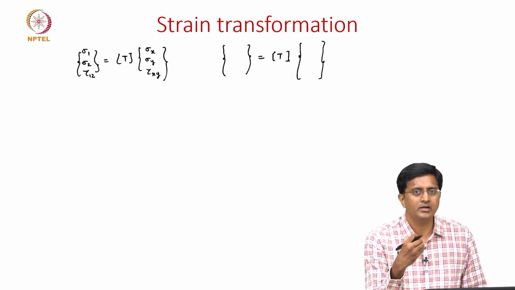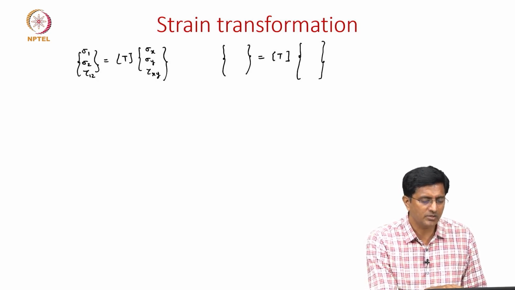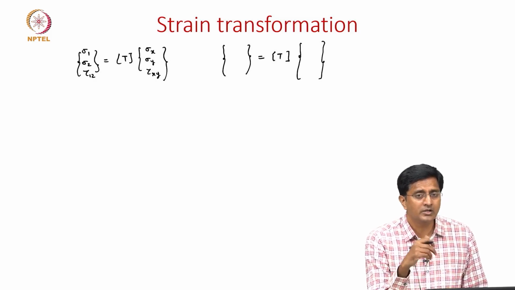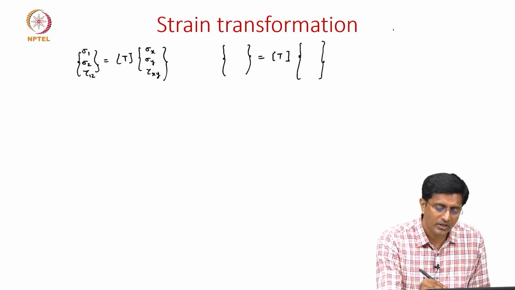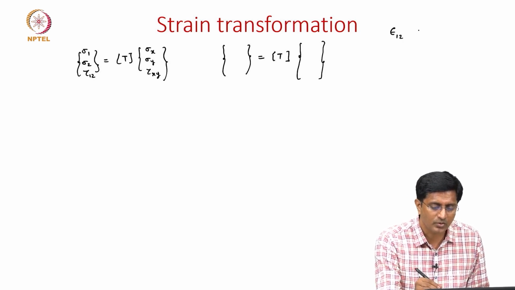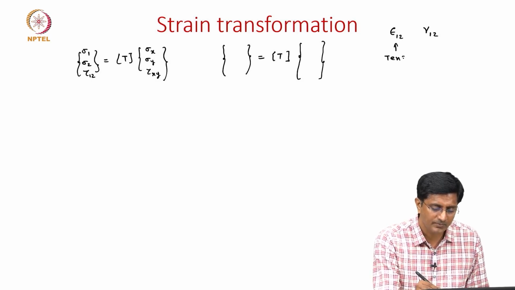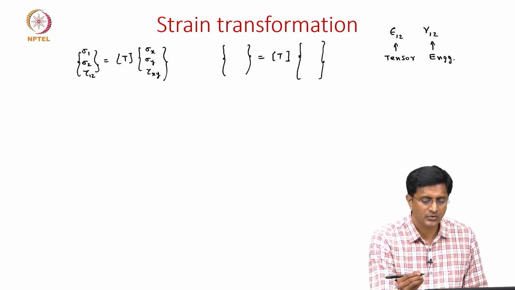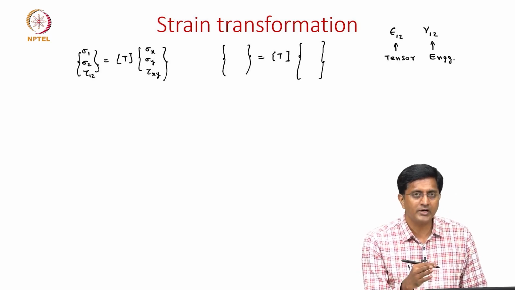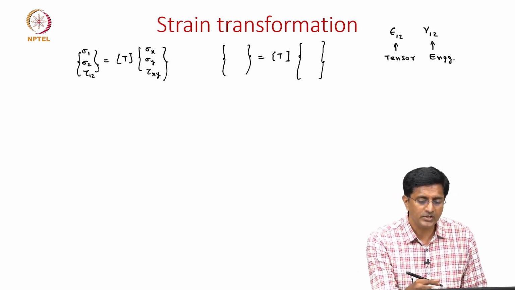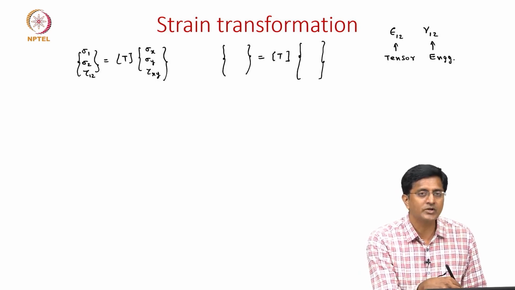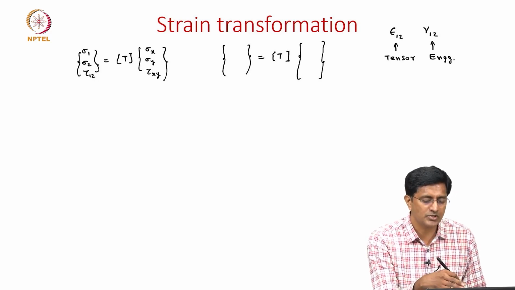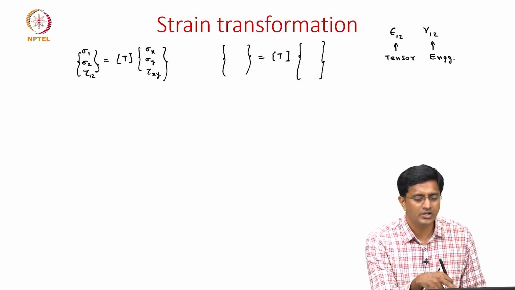So, when we define strains as tensors, we can still use the same transformation matrix, but you might recall that we had made a distinction between epsilon 12 and gamma 12, where we said epsilon 12 is the tensor strain and gamma 12 is the engineering strain. So, the point we are trying to see here is we cannot use the engineering strains and expect to use the same transformation matrix T. Since we want to use this transformation matrix T, we have to stick to the tensorial notation.